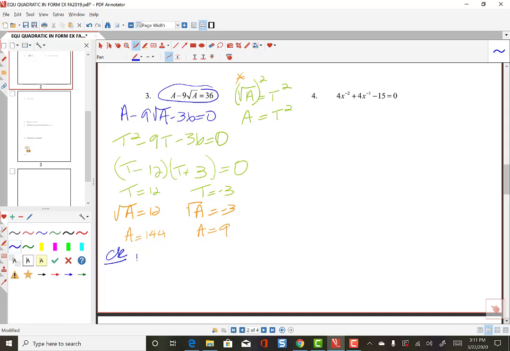So I am going to say 144 minus 9 times the square root of 144 is equal to 36. Okay, so if that is the case there, obviously you're going to take the square root of that 144 and end up with 12.